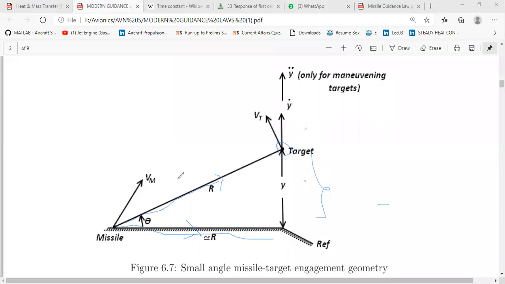So ZEM is nothing but zero effort miss: if you are not applying any effort to the missile, that will be your miss distance. That is why the term is given zero effort miss. Clear now, Vilis? Yes, sir. Okay. So now it is clear what is the difference between PN and APN.